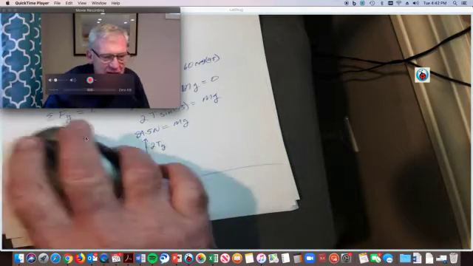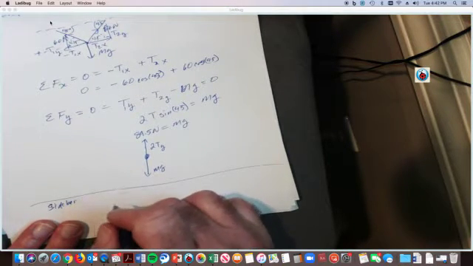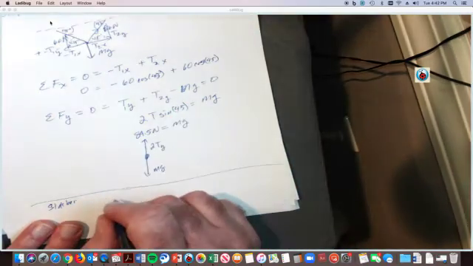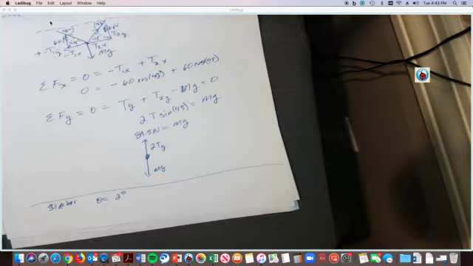All right, so let's take a look at what happens using what we just did here. Let's see what the tension is, but now I'm going to make theta equal to 2 degrees.